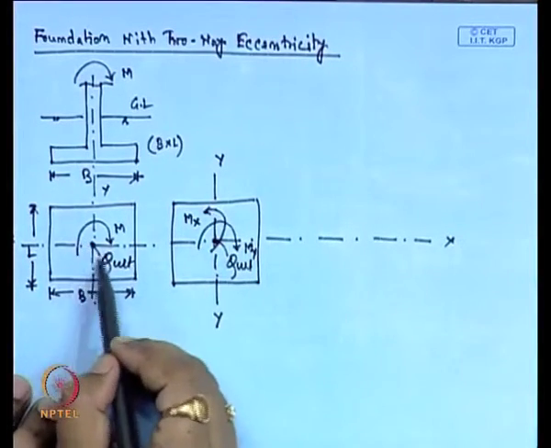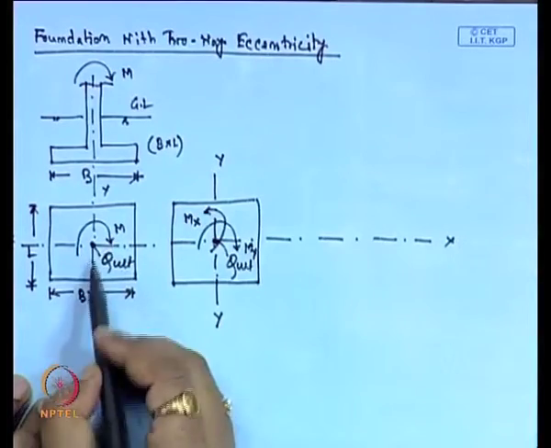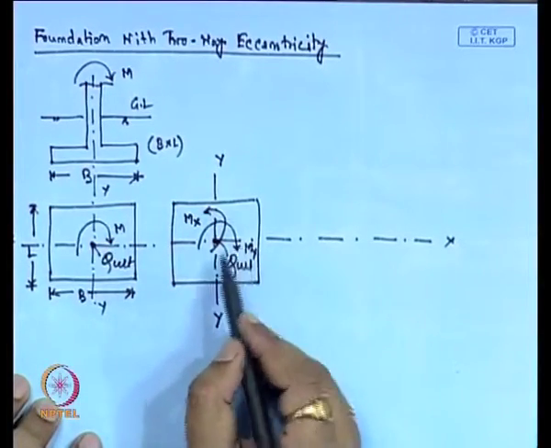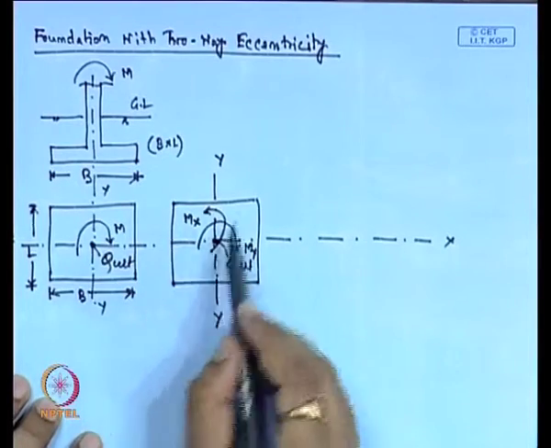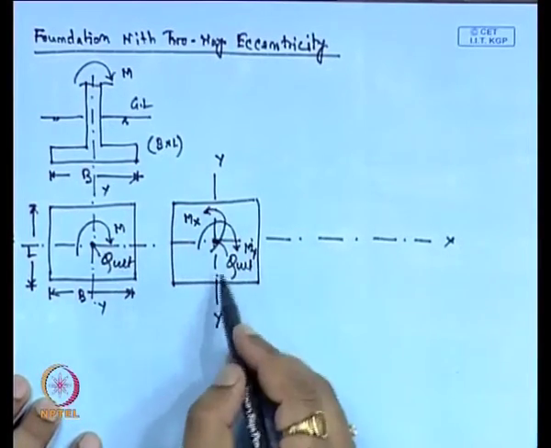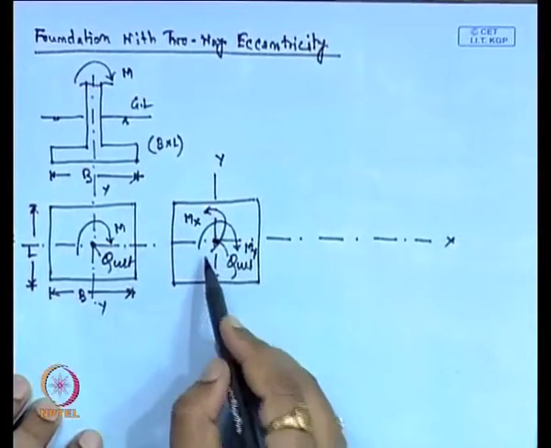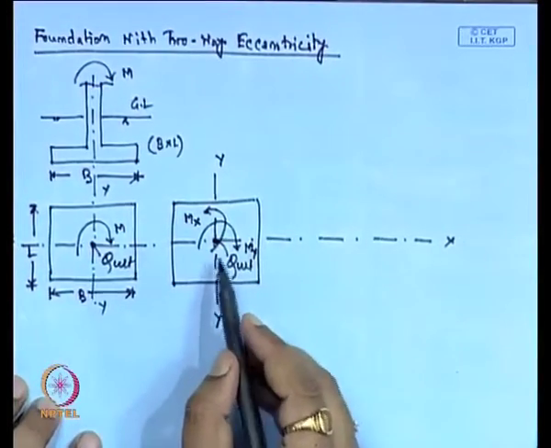Here only one moment is acting, that is one way eccentricity. Now, if M x, the moment with respect to the x axis, and M y, the moment with respect to the y axis, both are acting in this footing, then this is two way eccentricity.